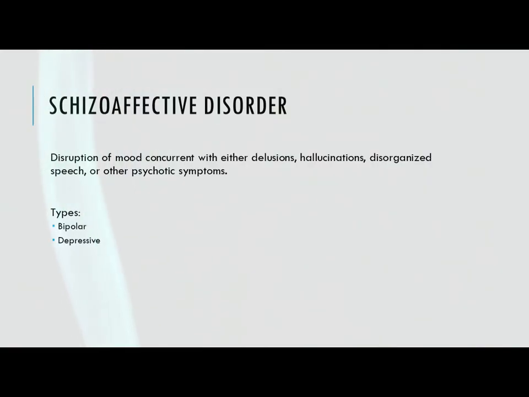And then you have the depressive type, which involves only major depressive episodes with no history of manic episodes. And the distinction here is that psychotic symptoms still occur outside of the depressive periods. So understanding these types is really essential for effective diagnosis and treatment, as they can influence the choice of medications and the therapeutic interventions that are used.